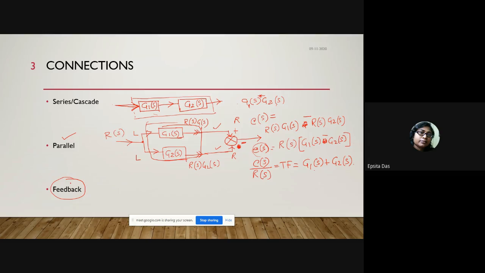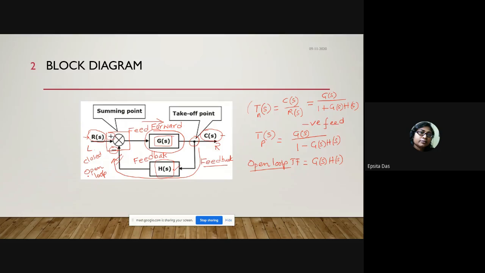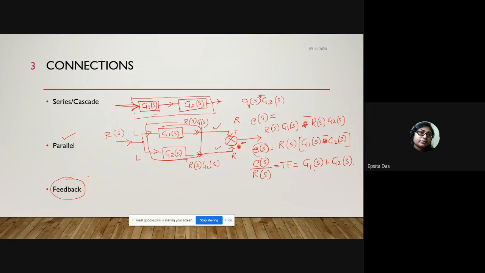to overcome the feedback. What I wrote in the previous slide is that if it is a positive feedback, it will be G(s) by 1 minus G(s)H(s), and if it is a negative feedback, it will be G(s) by 1 plus G(s)H(s). I am writing it again.